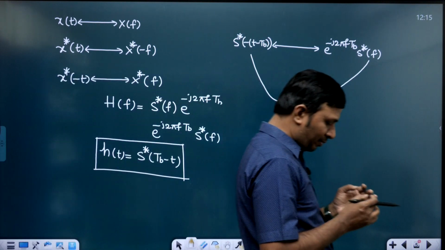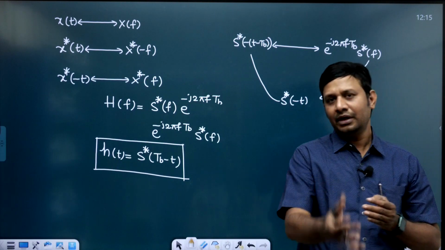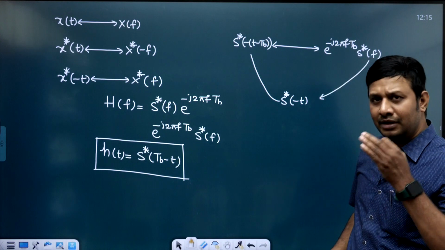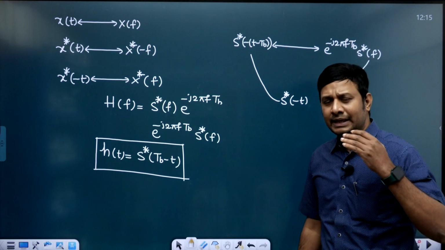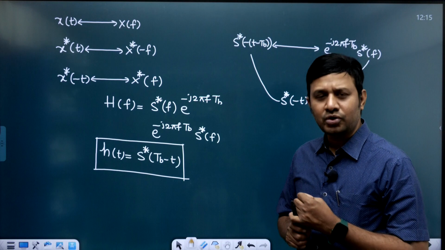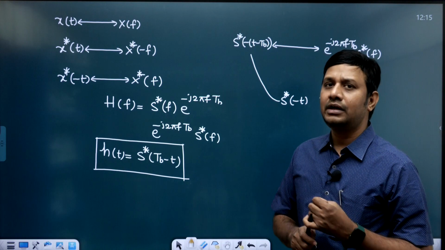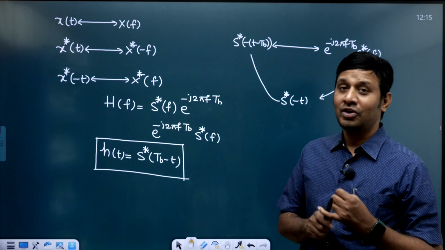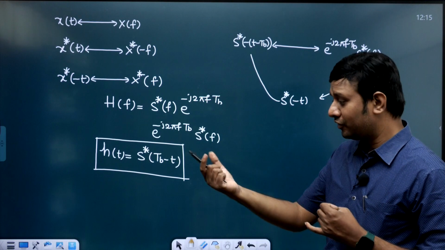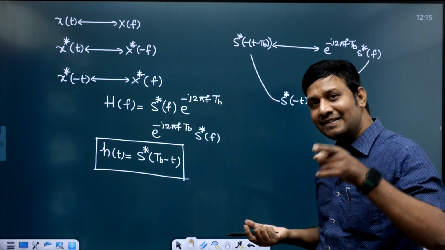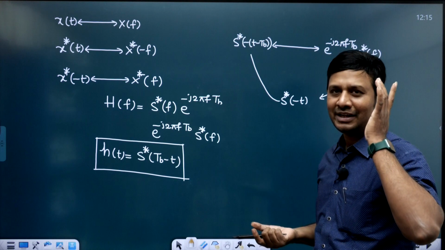So to give a small recap, I can say like this. Matched filter is used to increase the signal to noise ratio of the received pulse in the receiver of digital communication, right?